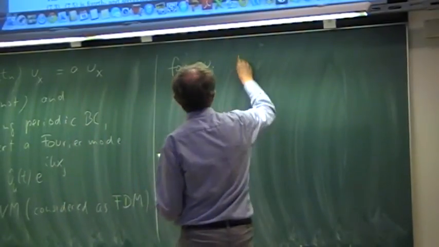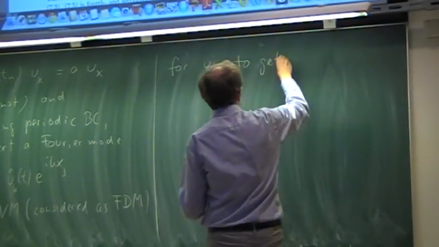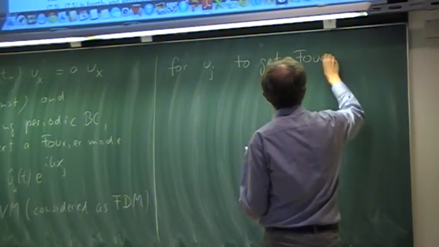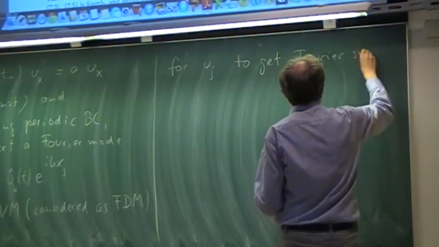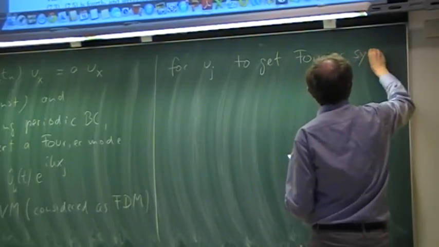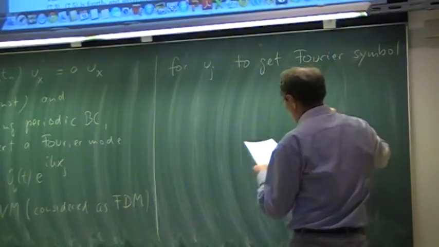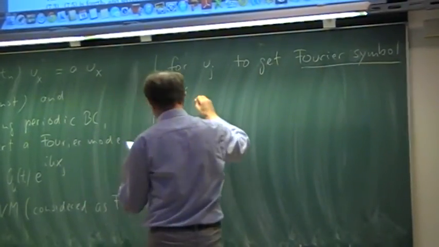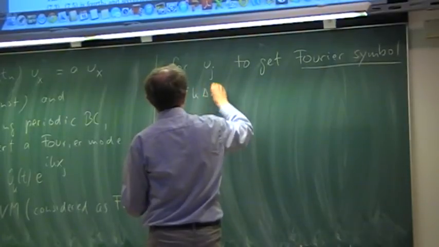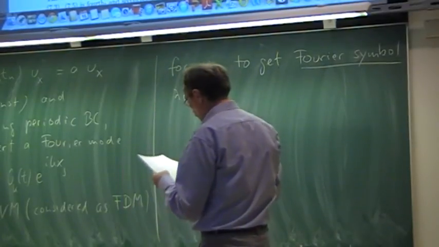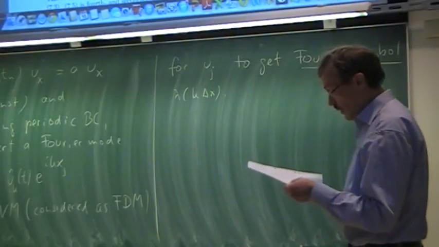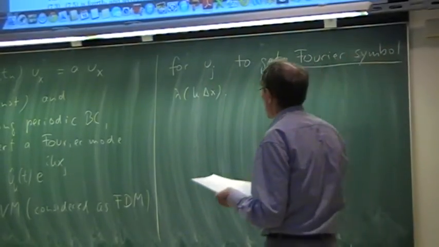And then the result of that is that we get something that is called the Fourier symbol, and that is something that depends on the wave number times the grid spacing delta x. That is a little bit abstract, so we get an example to see what it means.